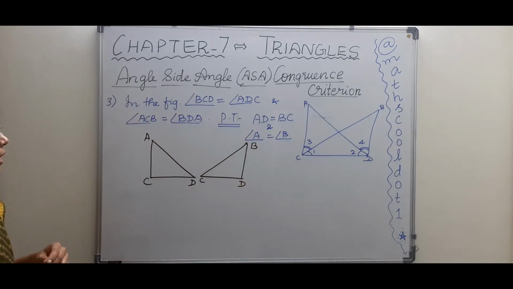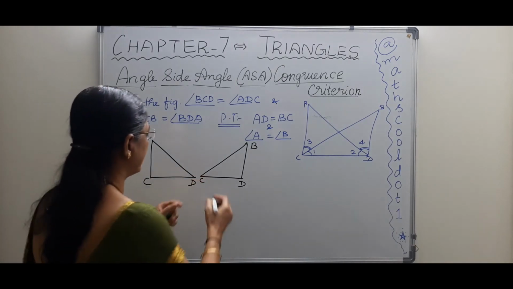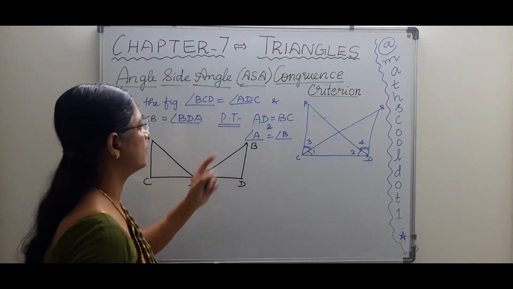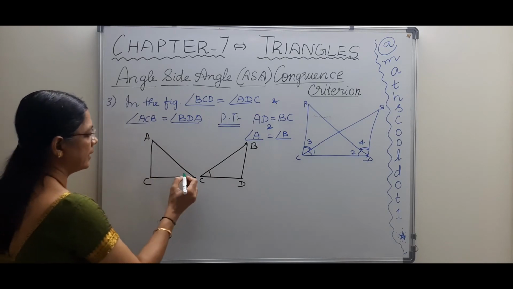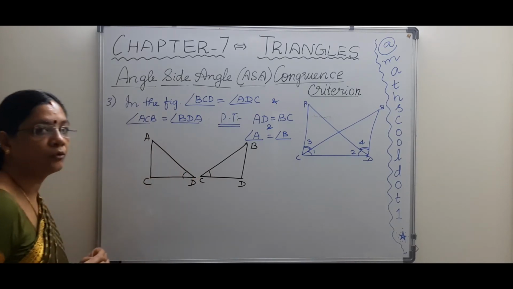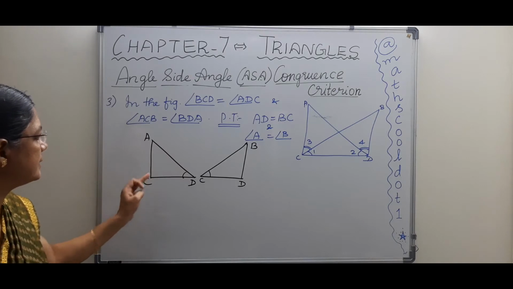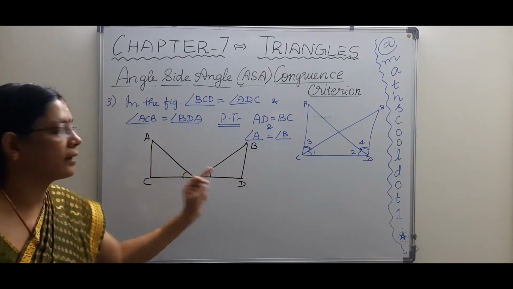Okay, right. So now angle BCD, this angle is equal to angle ADC. Angle ADC. Now you got it. So angle ADC is equal to angle BCD.